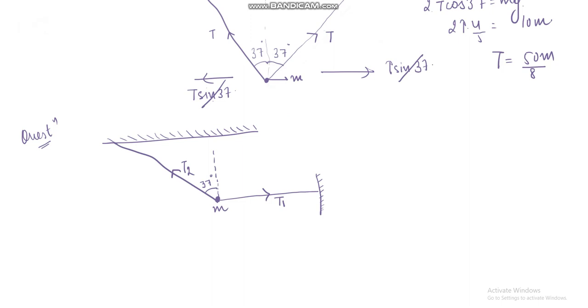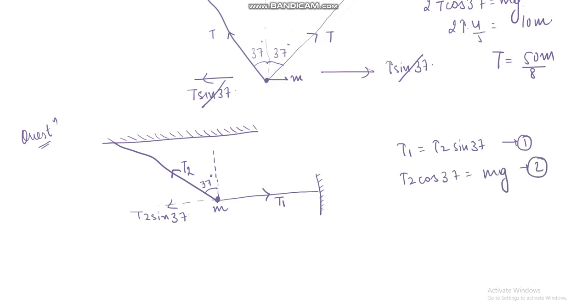Now in the second question, we have to find T1 and T2. Along the horizontal, the component of T2 will be T2 sin 37. Now this body is in equilibrium, so can I write T1 equals T2 sin 37? This is our equation number 1, and from the vertical, T2 cos 37 equals mg.